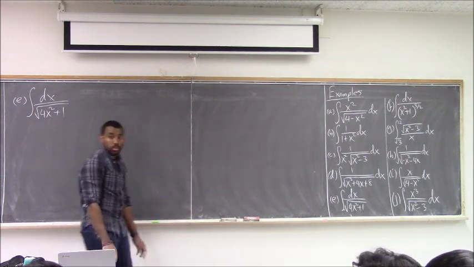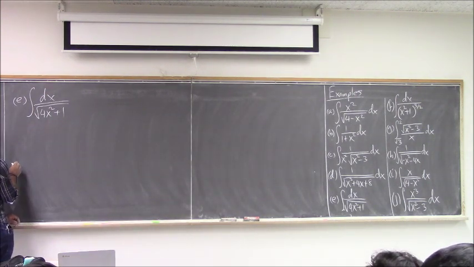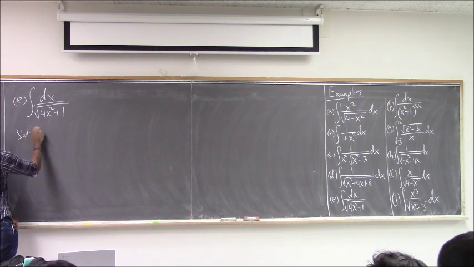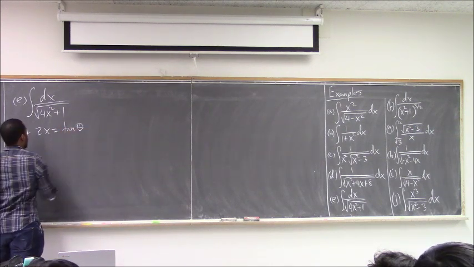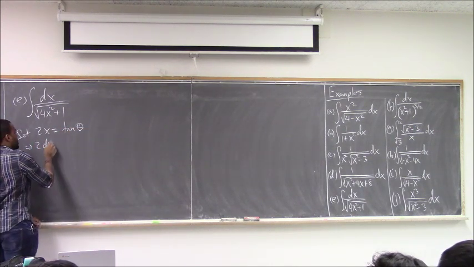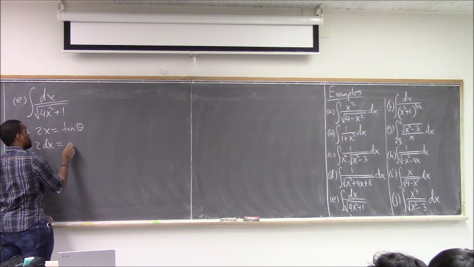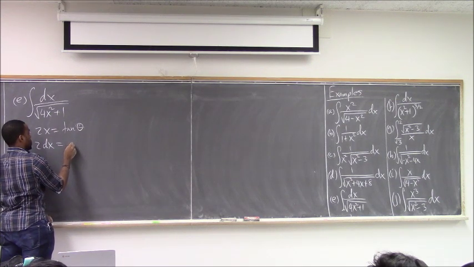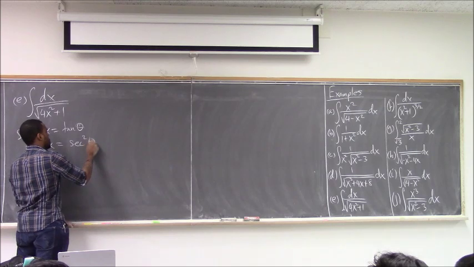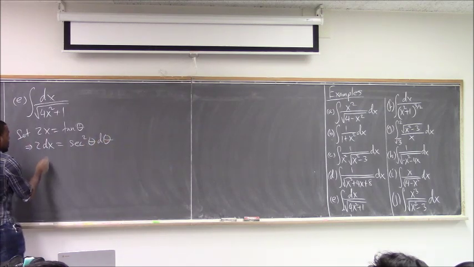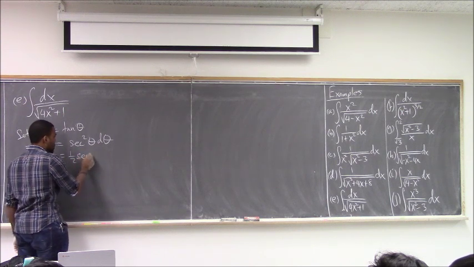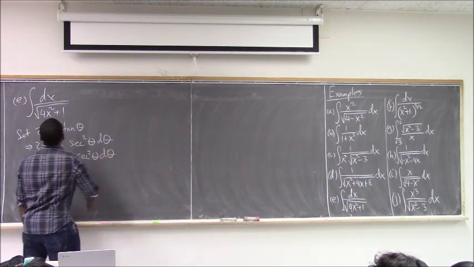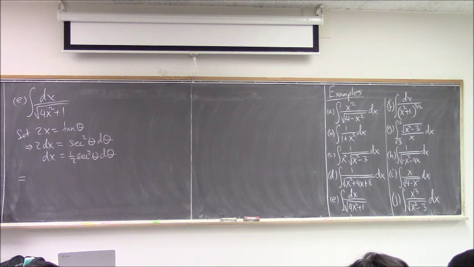Yeah. So your a is your 1, and your x would be 2x. So if you set 2x equal to tan theta, then 2 dx would be secant squared theta d theta. In other words, my dx is going to be 1/2 secant squared. We go in here, I'm going to plug that in.